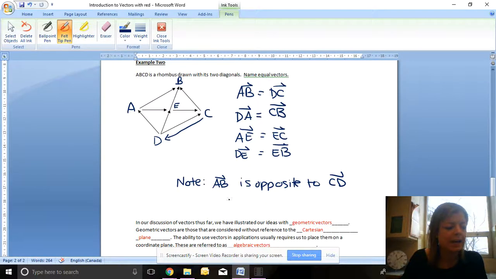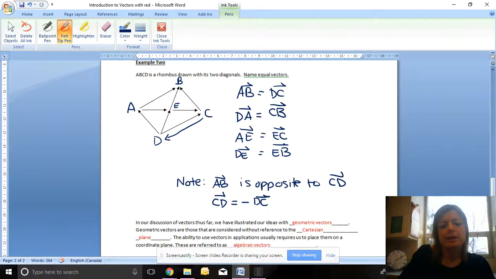So notationally, just so you guys know, if you write CD, that's the same thing as writing negative DC. So when you see a negative in front of two letters representing a vector, one way to rewrite that is to just take the negative away and flip, because you're flipping from tail to head. So this means from C to D. This means from D to C, but then go the opposite way, which means going from C to D.